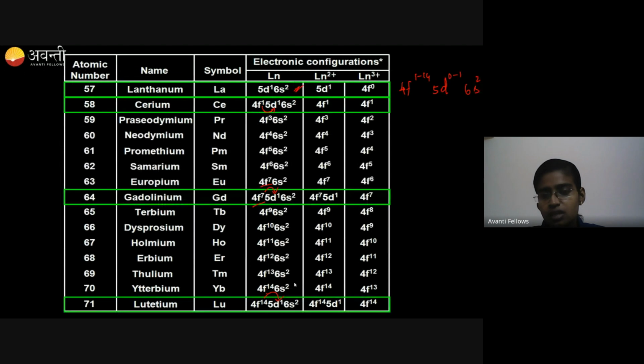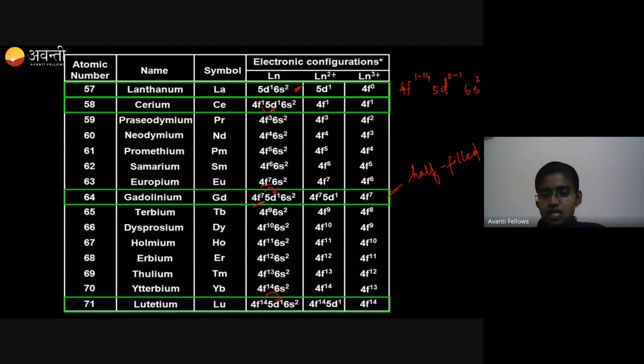So why is there an exception to these? For gadolinium, there is an exception due to the formation of a half-filled f orbital. Due to the formation of the half-filled f orbital, which is stable, the 8th electron jumps into its nearest 5d energy level orbital.